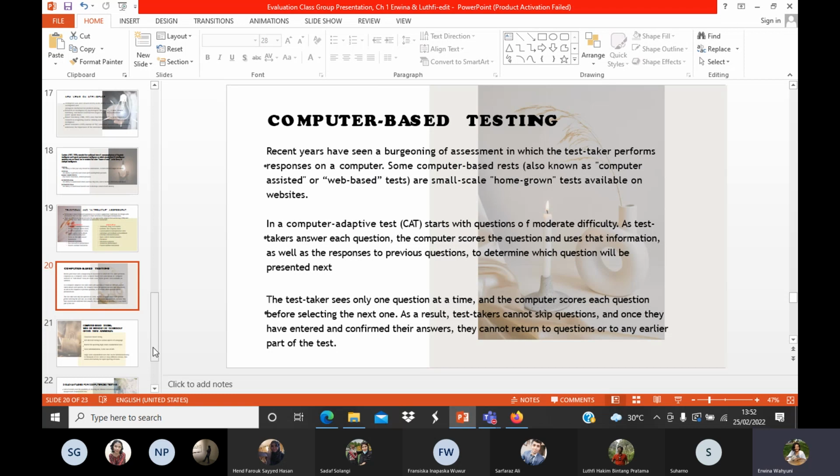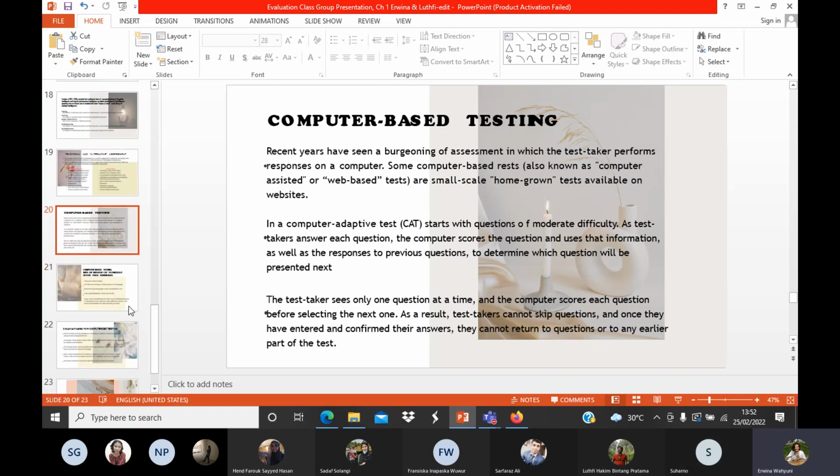It starts with questions that are less difficult and goes to more and more difficult. The test taker only sees one question at a time, and when they answer, they cannot skip and they cannot correct. So it's just a real-time answer. Then they can get the score instantly.